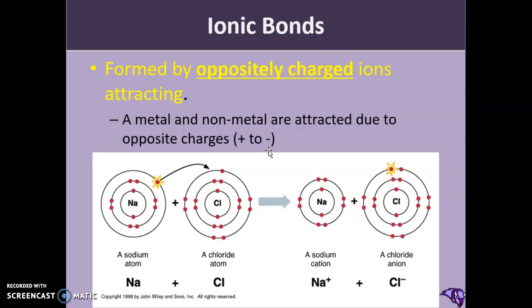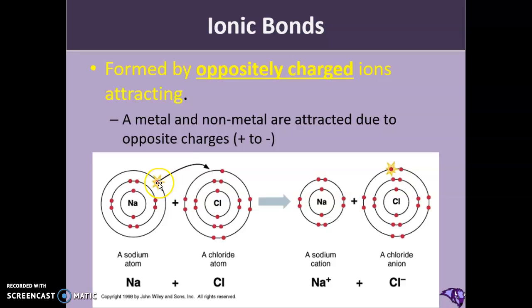Another type of bond is called an ionic bond. These bonds are formed from oppositely charged ions being attracted to each other. So you know that opposite charges attract, and this is how it works. In this case, you have sodium, or Na, and you have chlorine, Cl. Sodium has 1 valence electron, 1 electron in its outermost ring.